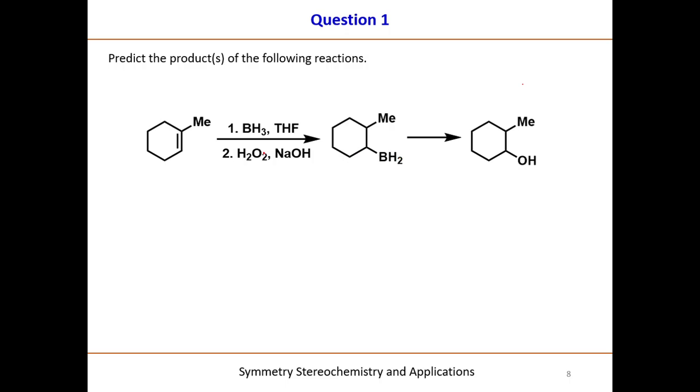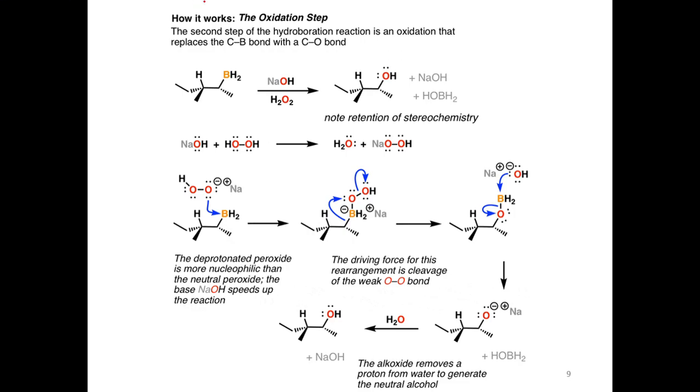After treatment with H2O2, we will get the corresponding alcohol. H2O2 will attack from the opposite side of the BH2 to give the corresponding alcohol. So how is the mechanism going here? The first step is the oxidation step.